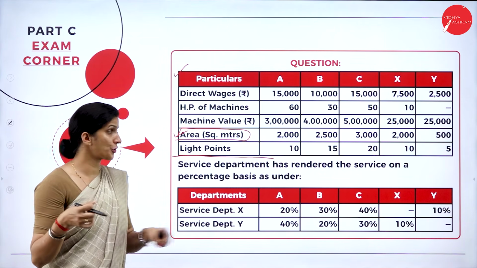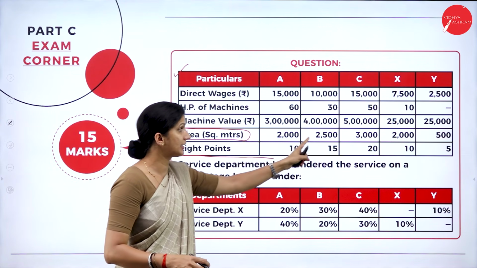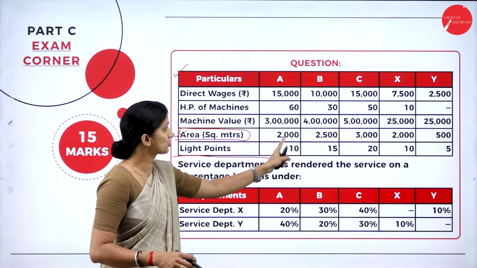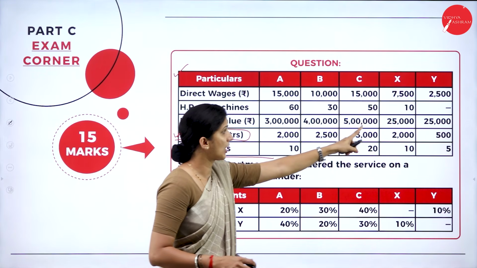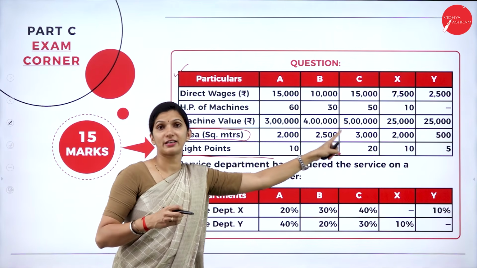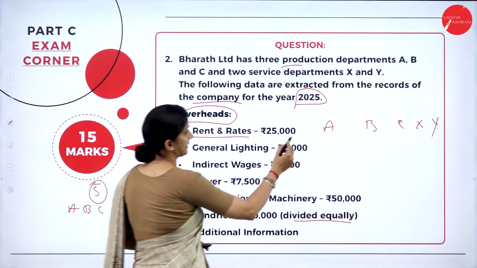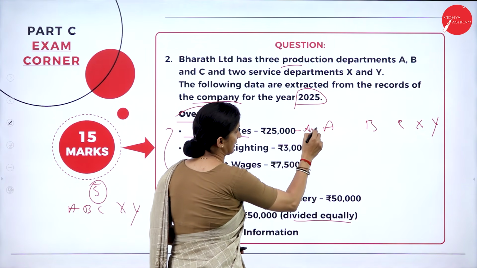That is the area occupied by these 5 departments. So simply we will take the ratio: 2,000, 2,500, 3,000, 2,000 and 500. We'll take this simplified ratio to allocate the rent. So for rent and rates, your basis is area.